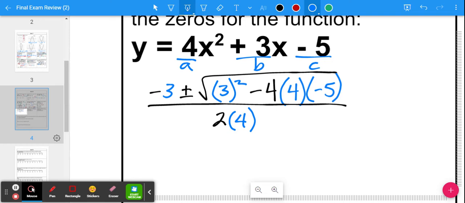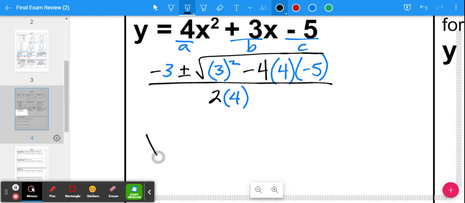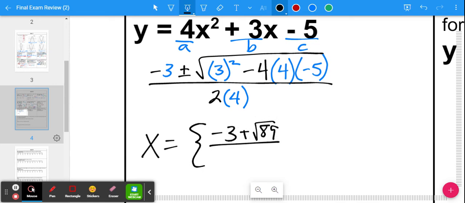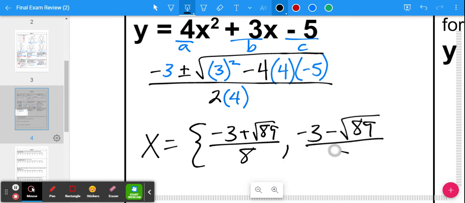So you plug this into the calculator one time using the plus sign and another time using the minus sign, and the two answers you're going to get is that x is equal to either negative 3 plus the square root of 89 over 8, or negative 3 minus the square root of 89 over 8.